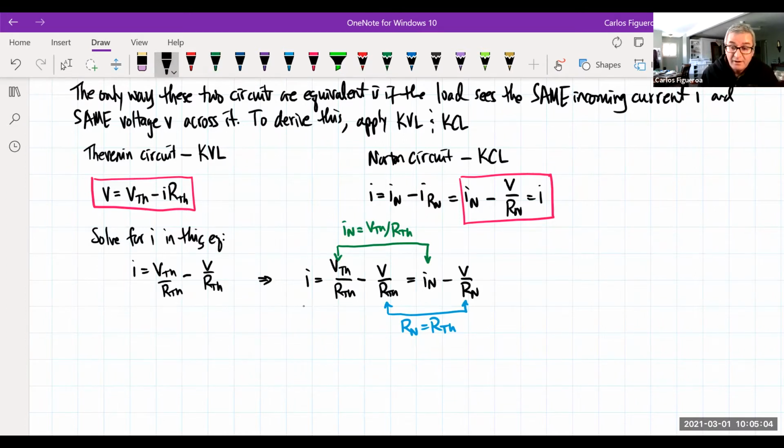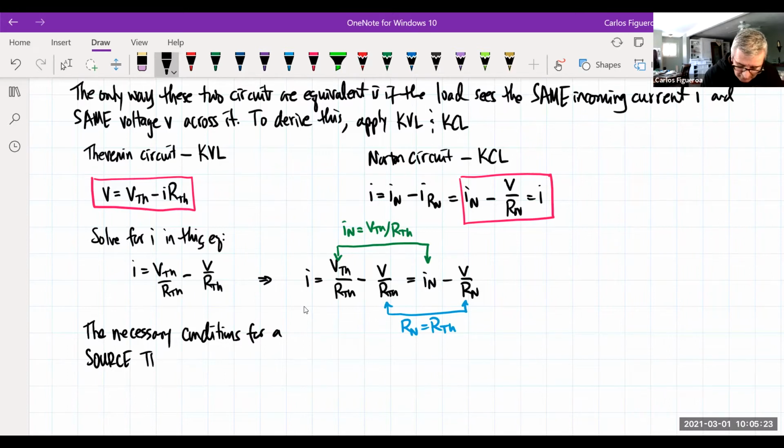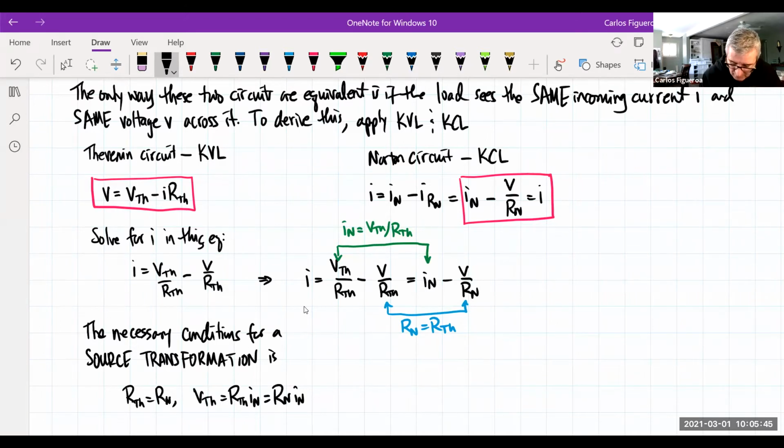In other words, the necessary condition for a source transformation is RTH must be the same as Rn, and VTH has to be RTH times I Norton, or R Norton times I Norton. These are the necessary conditions here.